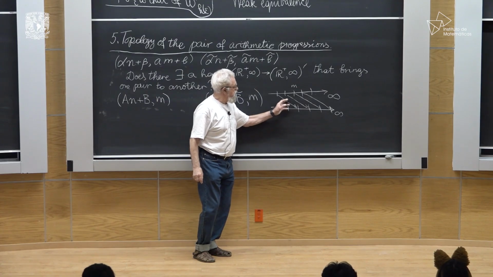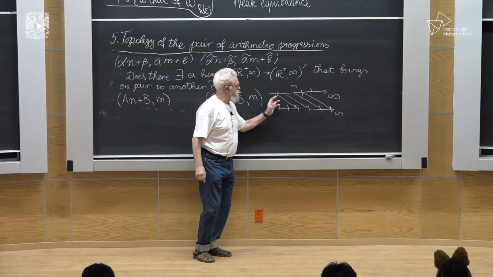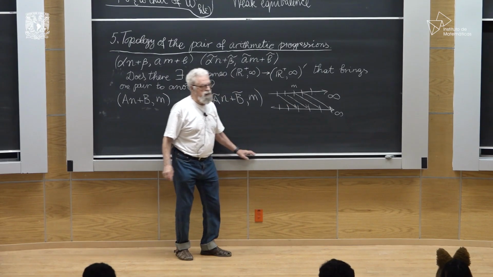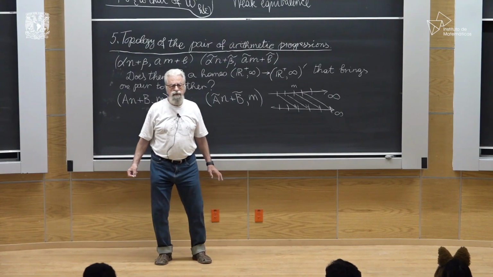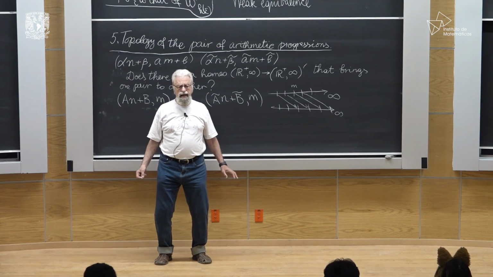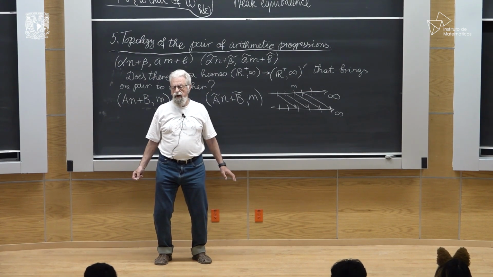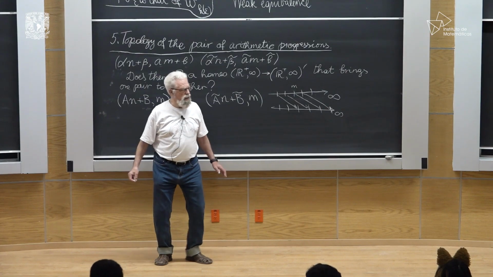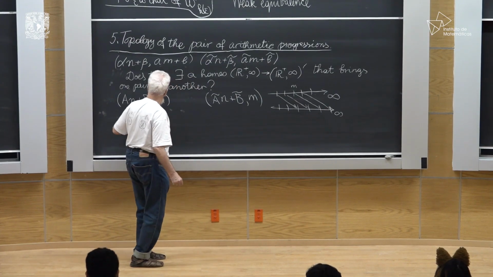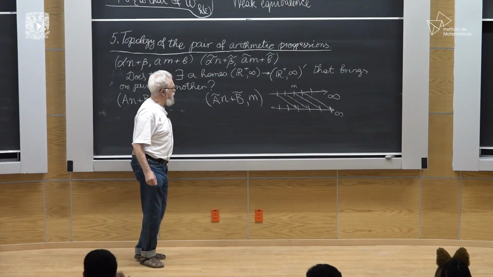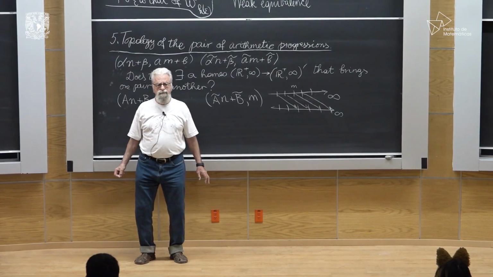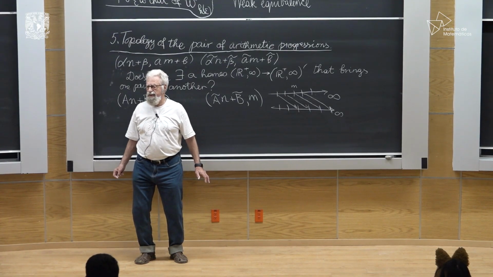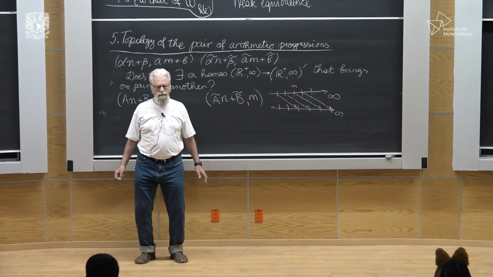But we already know that the natural numbers are mapped like this. So probably some of you will guess a necessary condition: if A and A tilde are bad, then the homeomorphism does not exist. Can somebody guess what does it mean bad?